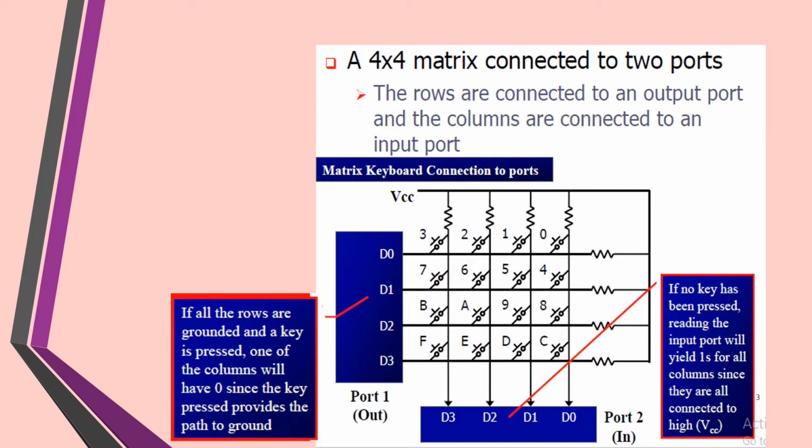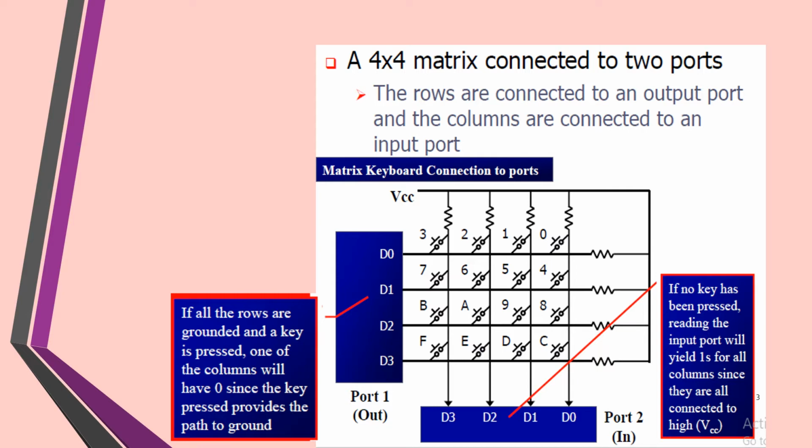Here you can see the structure is a matrix, with the columns numbered 0, 1, 2, 3, accordingly D0, D1, D2 and D3. So we are talking about the data lines, and the rows again D0, D1, D2, D3.